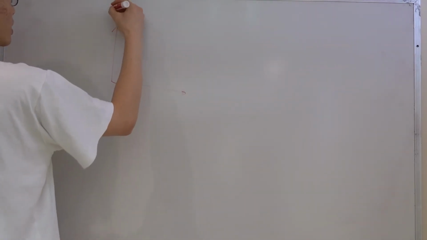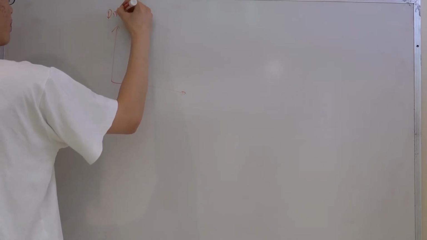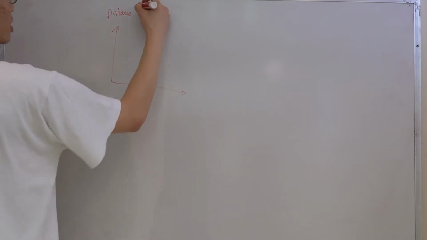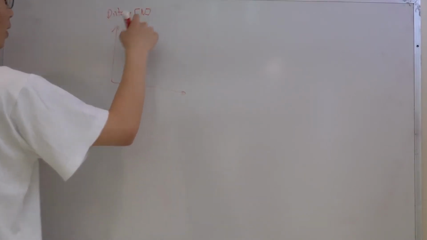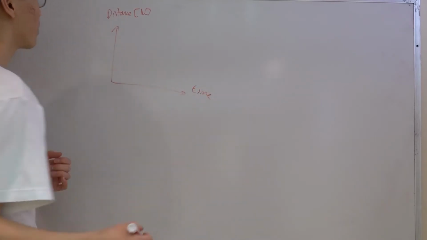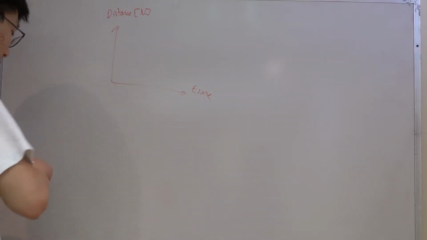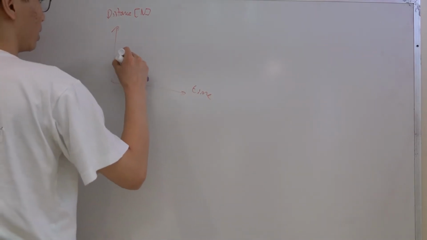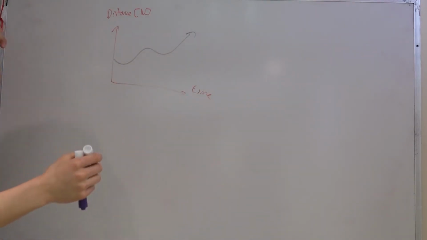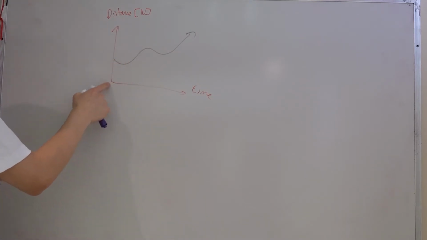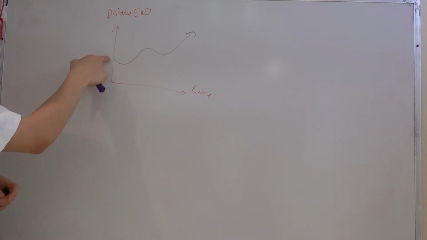This is a distance traveled in some direction, so we'll keep it north for now. I'll put bracket n for north. And this is time. So consider some random path that you could take, like maybe this. This is a perfectly valid path. You just started a little bit farther away from 0. So you're allowed to start anywhere.